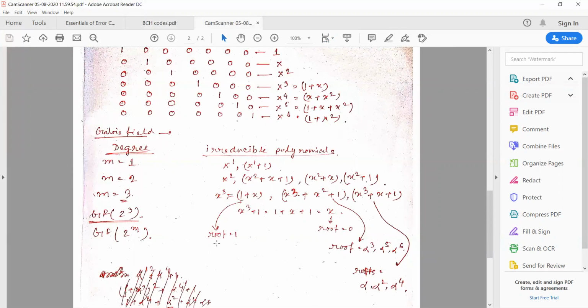When the root is 1, the minimal polynomial, that means the polynomial equation from which we are getting root equals 1, is x plus 1. That is written here.